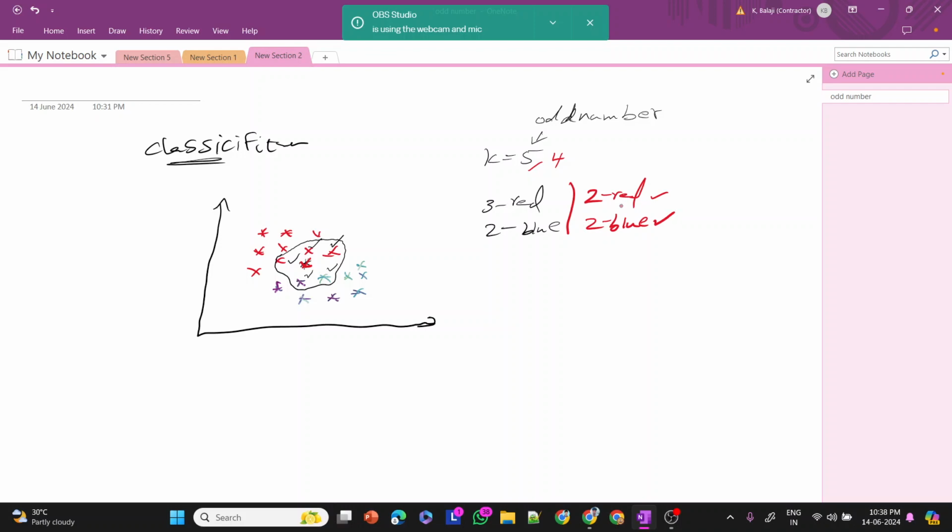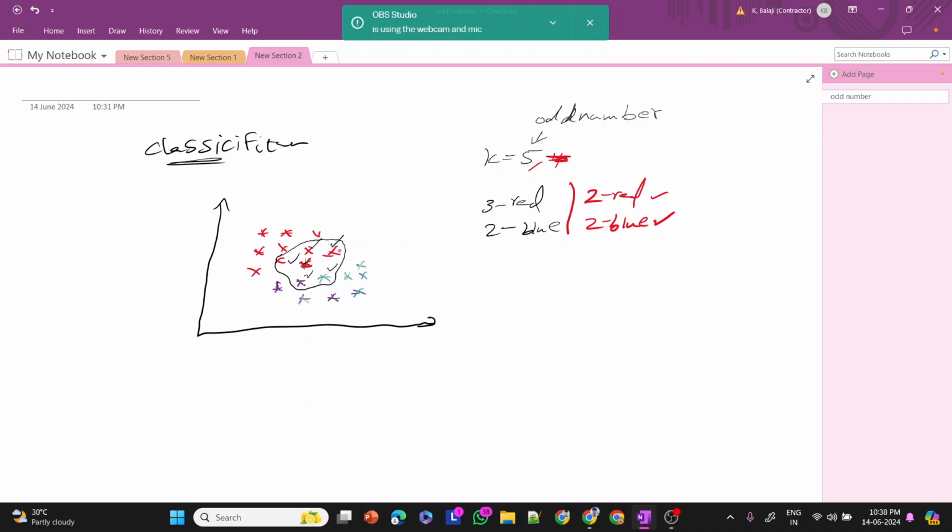So whenever we select k as an even number, in some cases we cannot make a conclusion, so we need to select k as an odd number.